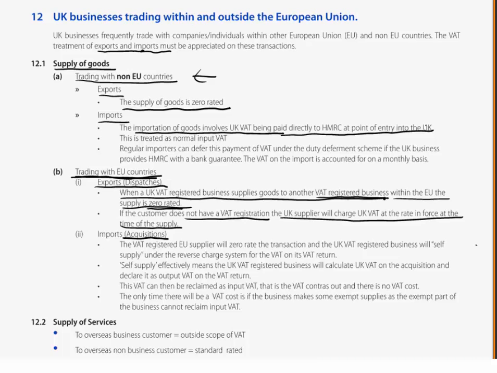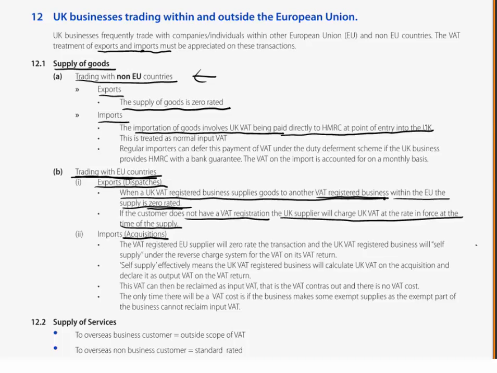They're Chinese. So in which case, we have to make the payment of VAT due in relation to that acquisition from the business registered outside the EU.